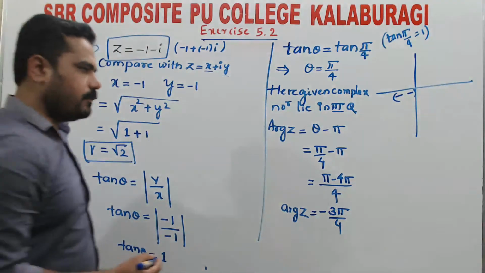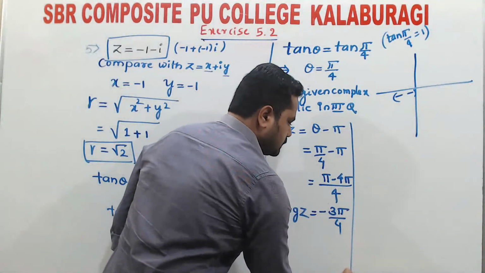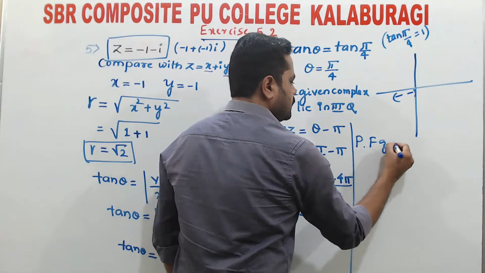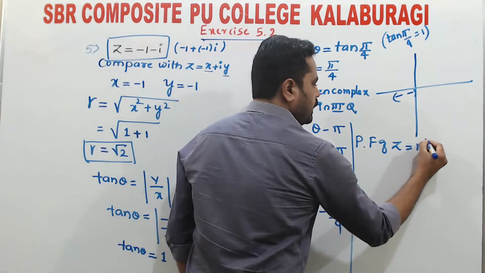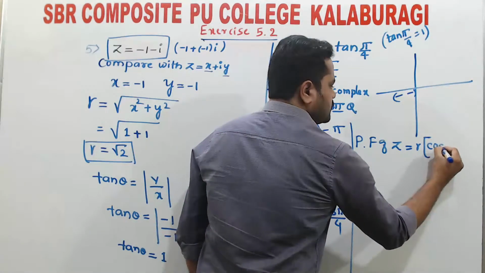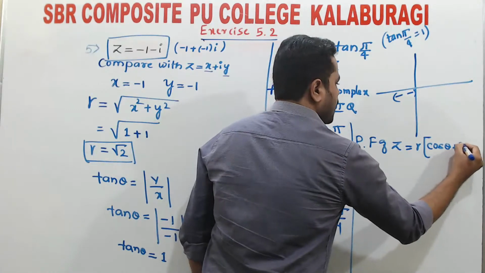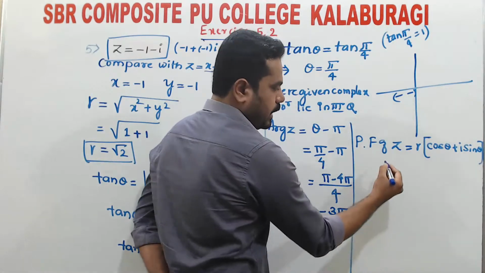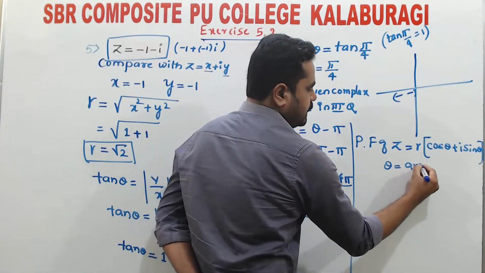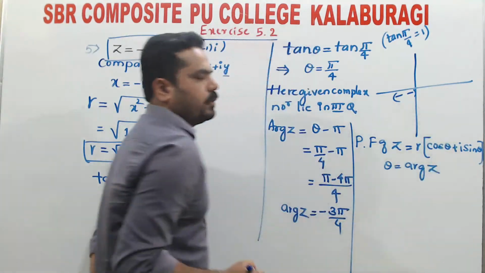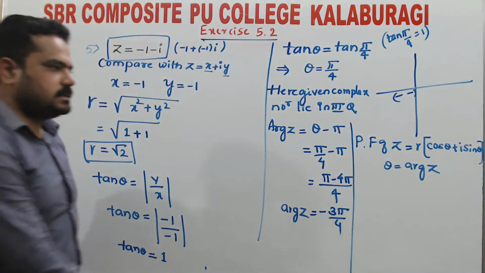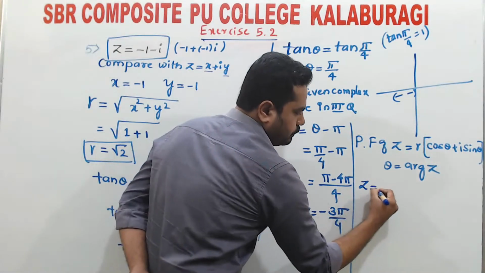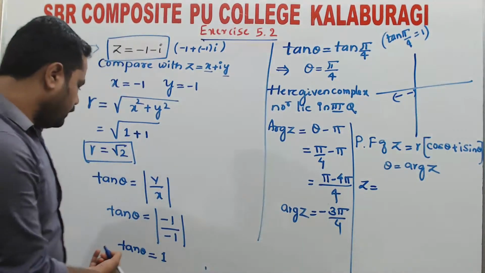And what is our polar form? The polar form of z is r into cos theta plus i into sin theta. And theta is the argument of z here. Therefore, z is equal to, and what is our r value here?